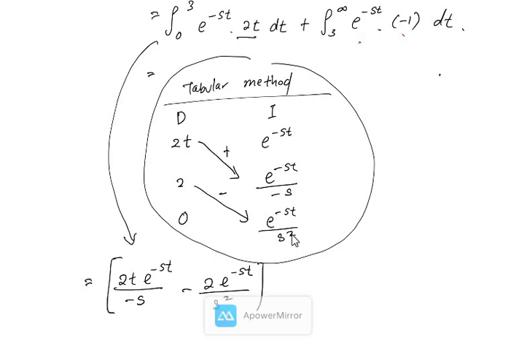So the limit is still the same, 0 to 3, minus exponent negative st divided by negative s from 3 to infinity.